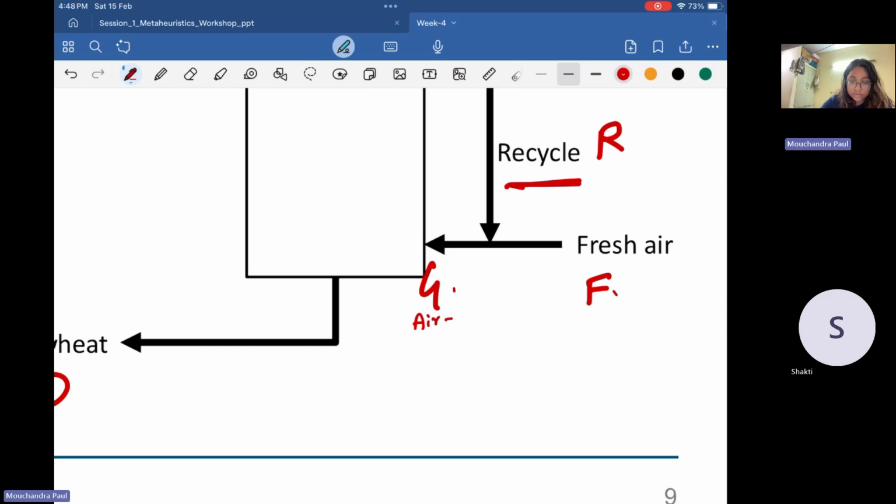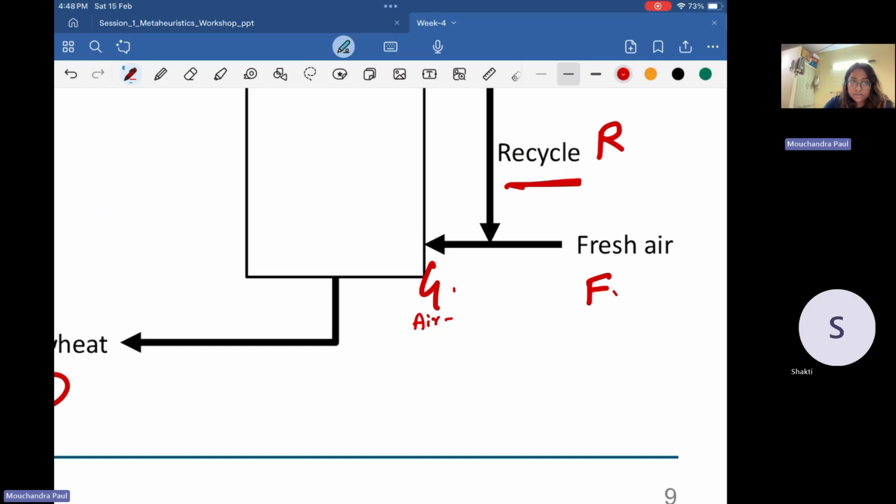What are the masses of each component? 27.09 for air. For water, it is 1.188. We take the summation, 28.28.